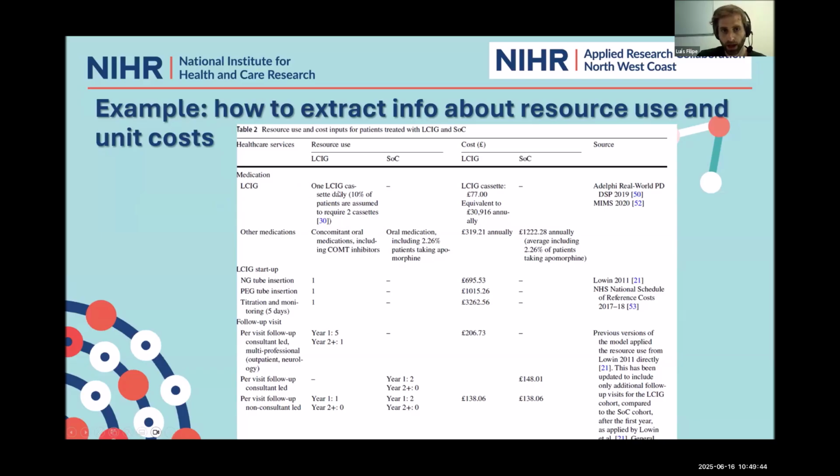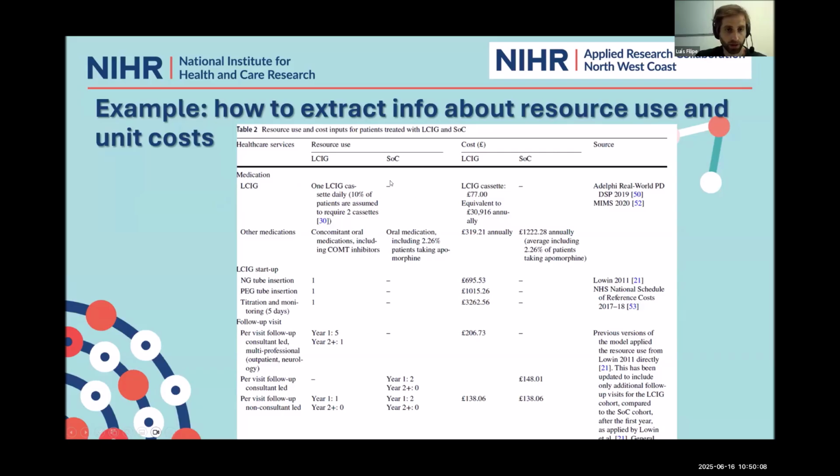So 1 LCIG cassette daily. So the resource use, and you have the cost here. So the cassette, 77 pounds, so because this is per day, equivalent to, well, almost 31,000 pounds annually. Okay. Then you have the standard of care.